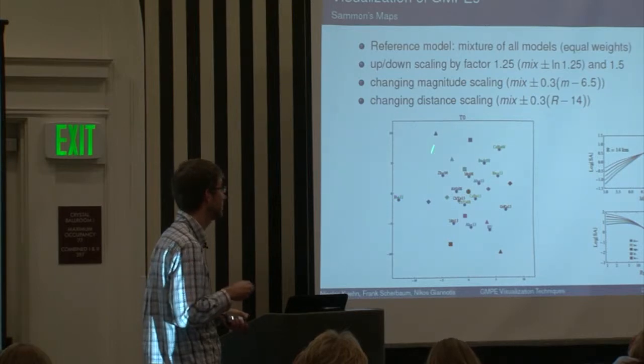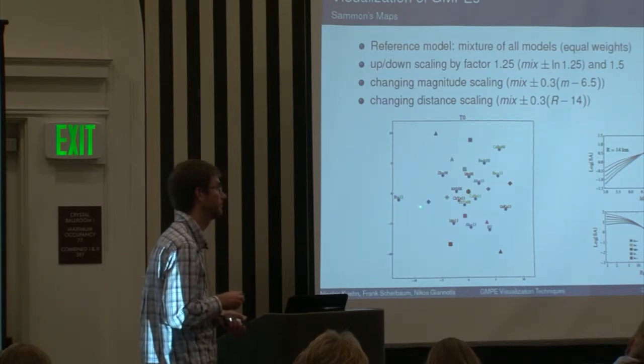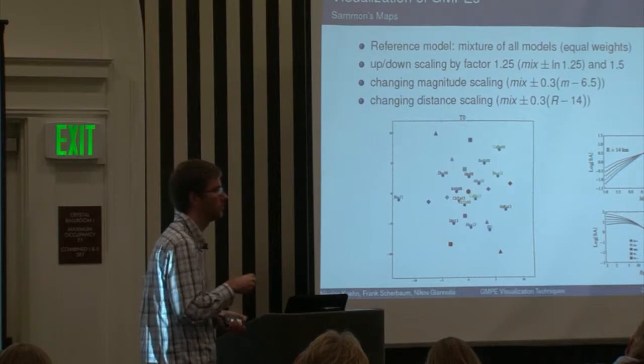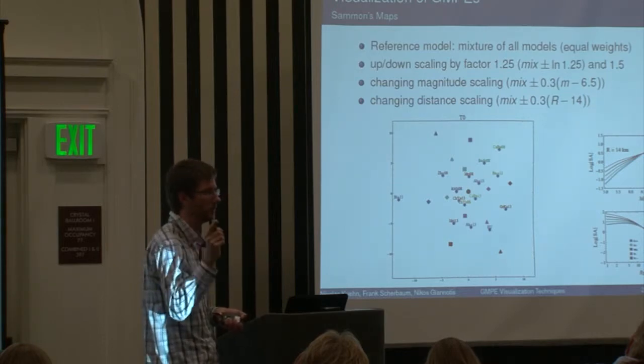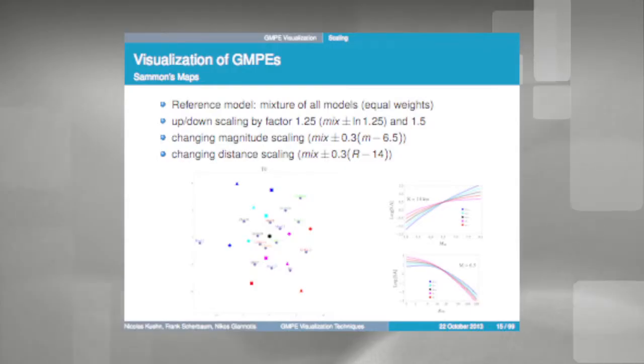This is for PGA. I'm going to come back to that tomorrow, but if you remember what Nick Greger showed, this is just a really weird magnitude scale. This is why it shows up there.